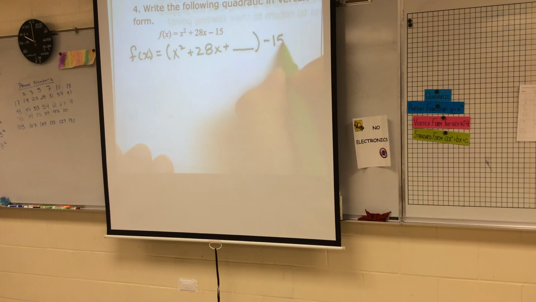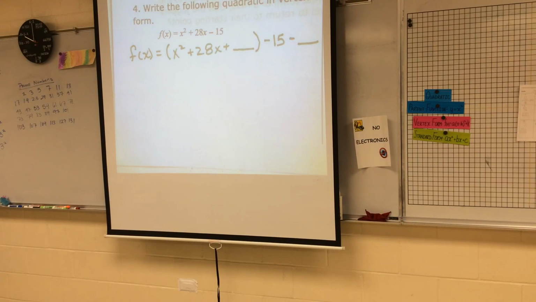Minus 15 minus that same number. Because if I add something and subtract the same thing, those are inverses, so it's like we didn't do anything, right? So it's like we're adding 0.